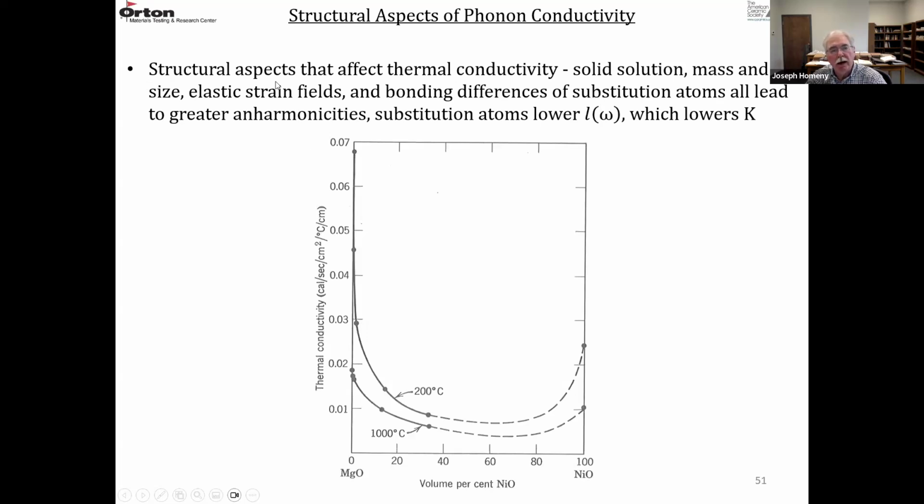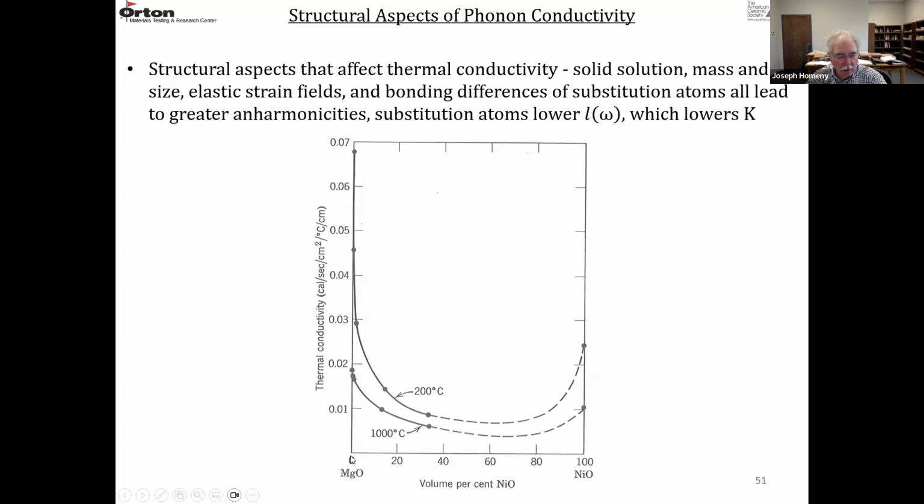And then another aspect is solid solution. So when you have a solid solution, you have mass differences, size differences, elastic strain fields are created, you have bonding differences. All of that leads to a lower mean free path, again, which lowers conductivity. So here's thermal conductivity, and these are the units based on calories versus the composition here.